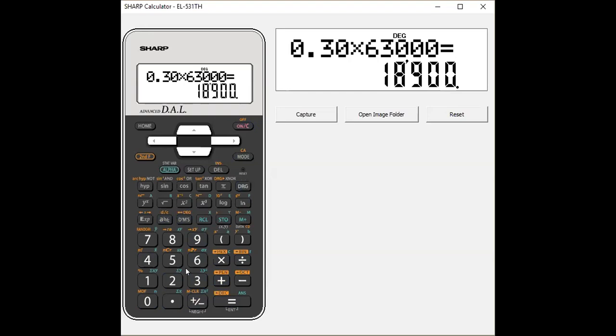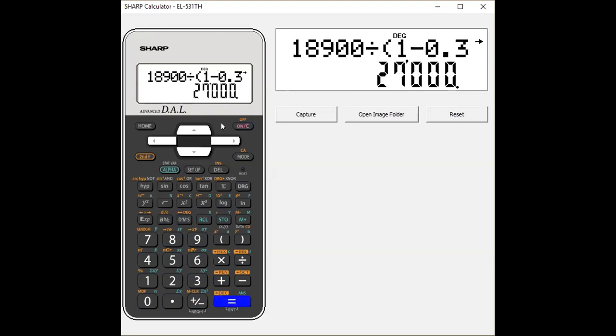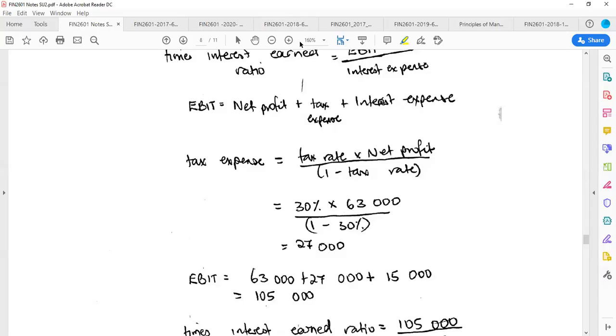And then we say 18,900 divided by, open bracket, 1 minus 30%, and we get 27,000. Okay, so that's important. You need to make sure that you are comfortable with your calculator when it comes to those calculations.